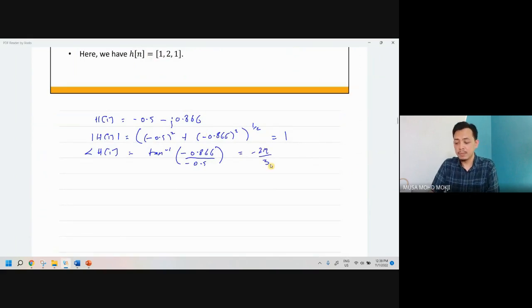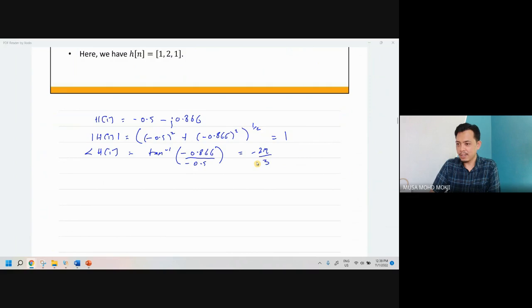So can you get that one? Do this. Who can get minus 2 pi over 3? Everyone get this one? So very important here.